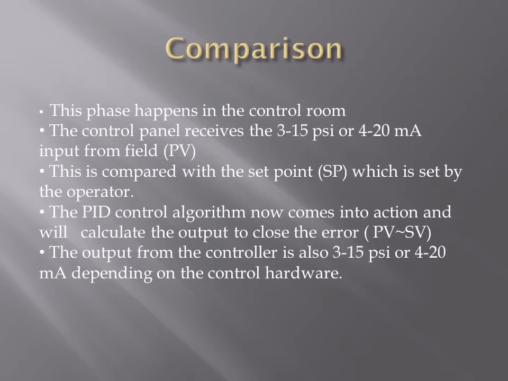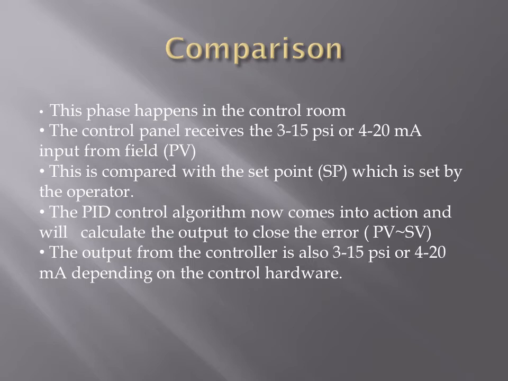In the control room, the signal obtained from the field is compared with the set value given by the operator, and depending on the error, the control algorithm will calculate an output which has to be sent to the control valve. This output, normally in the DCS, is in the 4 to 20 milliamps range.